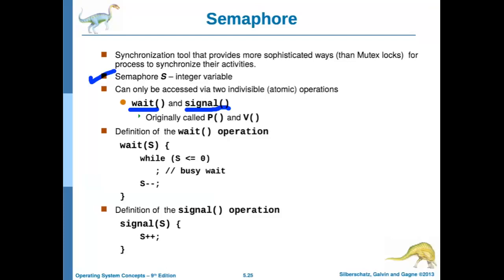Usually you don't have a negative value used for synchronization, but some operating systems utilize negative values to keep track of how many processes are waiting on that semaphore variable.